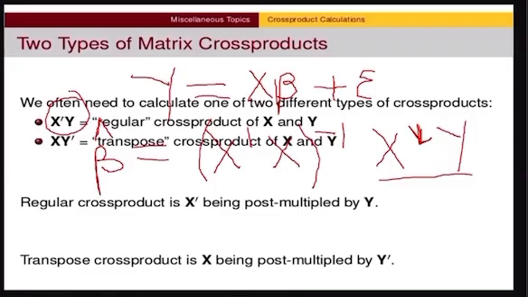So without a cross product, there is no way we will be able to estimate parameters in a linear regression model.